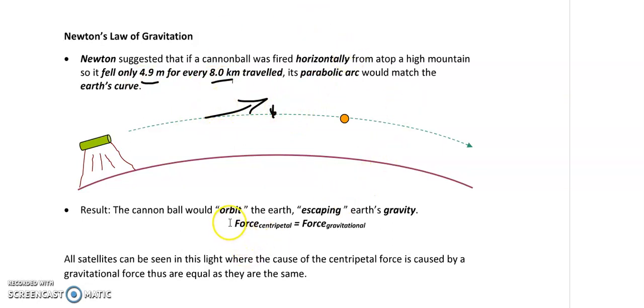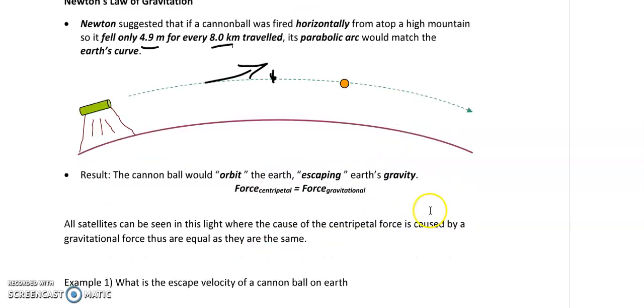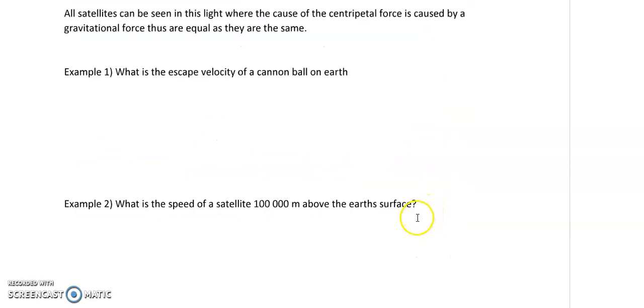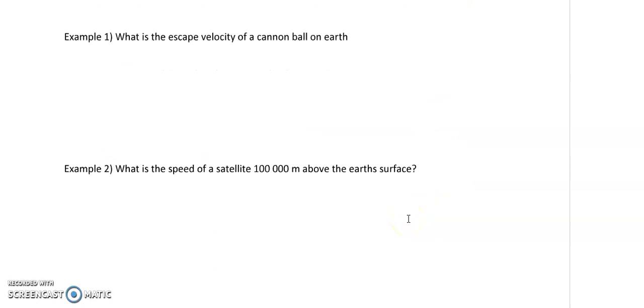And so what we have is the centripetal force is equal to the gravitational force. We can see this happen several times, and we're essentially making the formula as we go. The escape velocity here. So in this case, centripetal force is mv squared over r. Now that would be the mass of the cannonball.